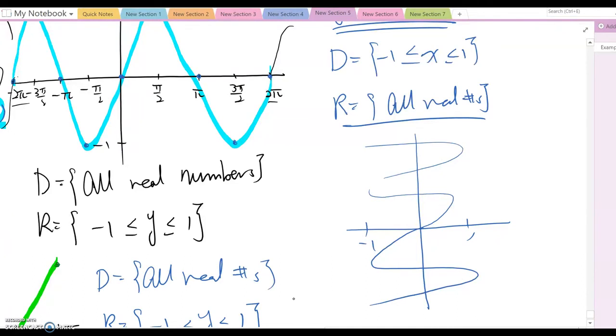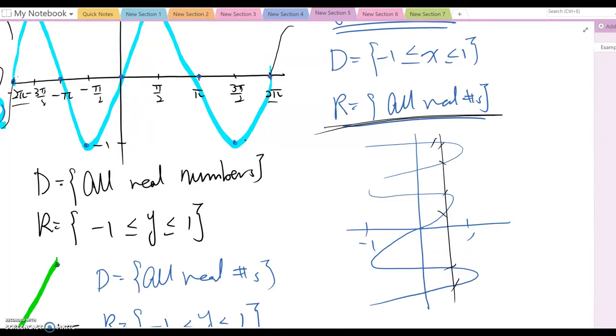It's not, because I just want to choose one random x. Then there are many points repeated here, since each x value must have only one corresponding y value. The range cannot have all real numbers. If it is so, then it is not a function.